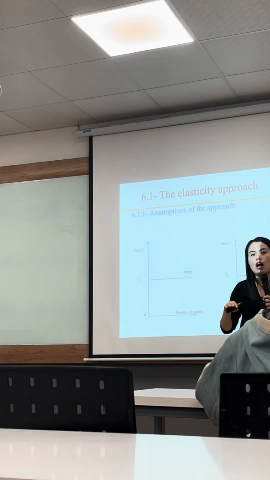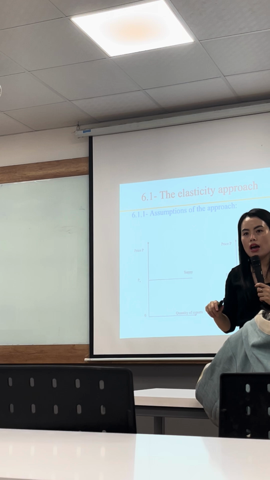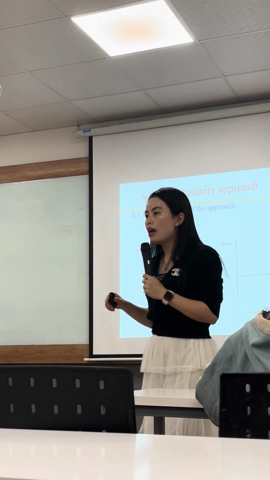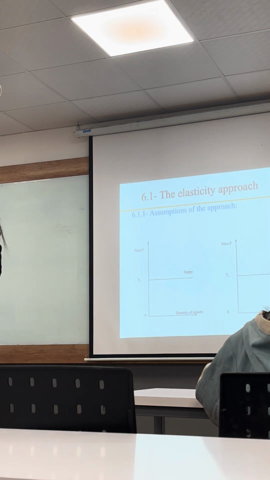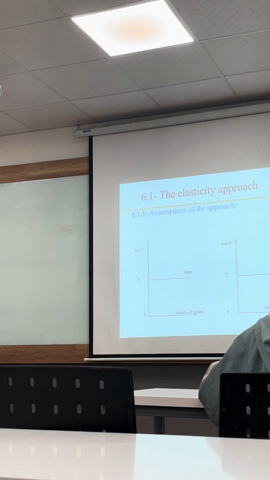It means that at every price, the supply and the demand are always satisfied. Okay, that is elastic. Elastic means flat. It's not upward or downward like the demand and supply curves as we have done and know before.